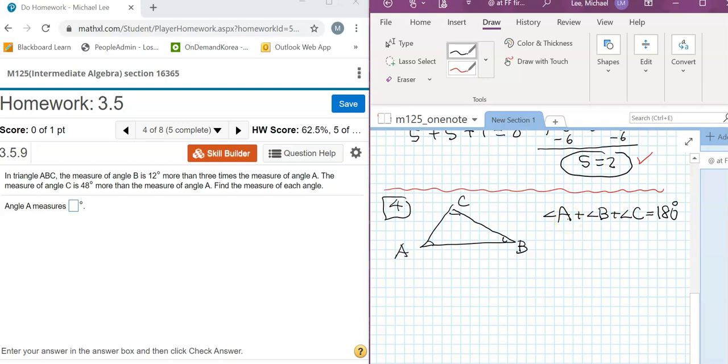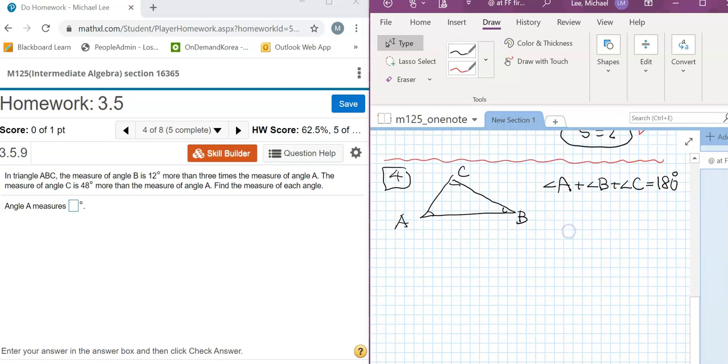So now let's write down the equation. First, no matter what, I'll just say A plus B plus C equal 180. A means angle A. That's the first equation, although they don't specify that statement.